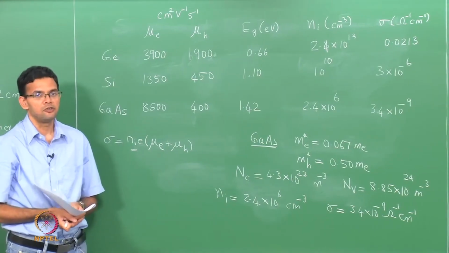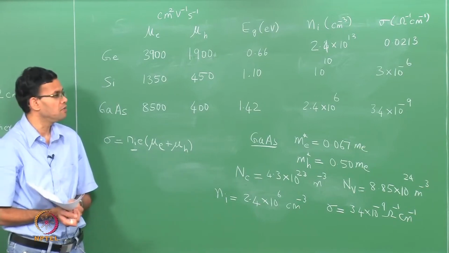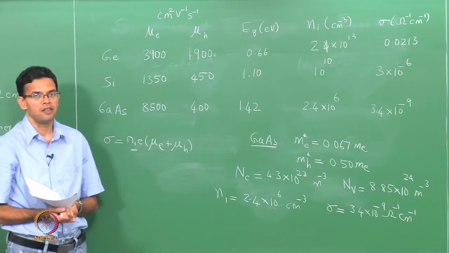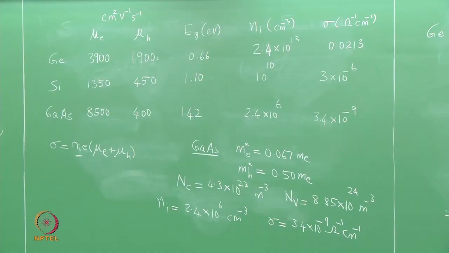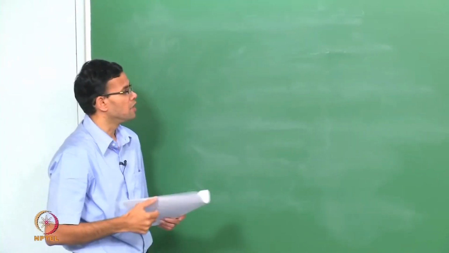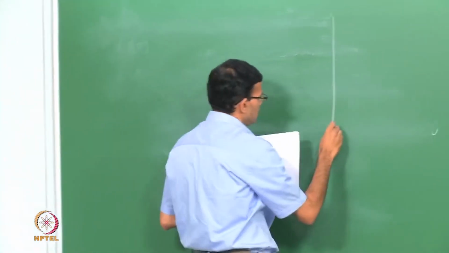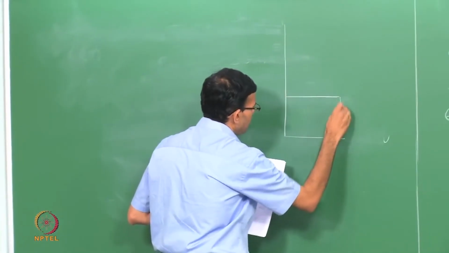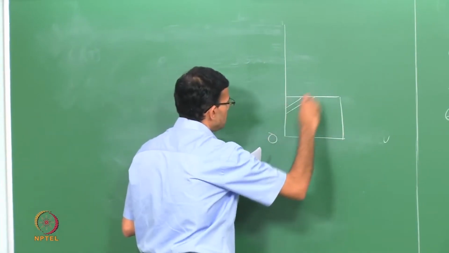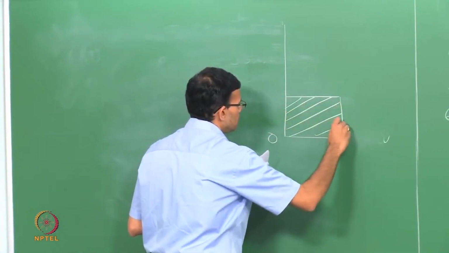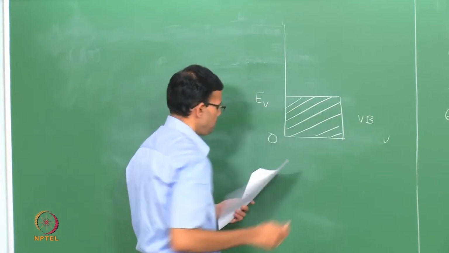The next thing I would like to do is, in the last class we never calculated the position of the Fermi energy. So, we will go ahead and calculate where the Fermi energy is located in an intrinsic semiconductor. Let us go ahead and draw the band picture. We have energy on the y axis, we have a valence band, the bottom of the valence band is referenced as 0, and the top of the valence band is EV.